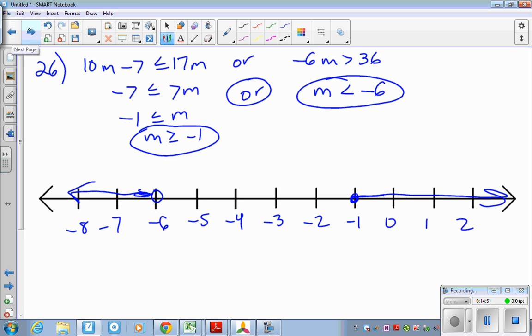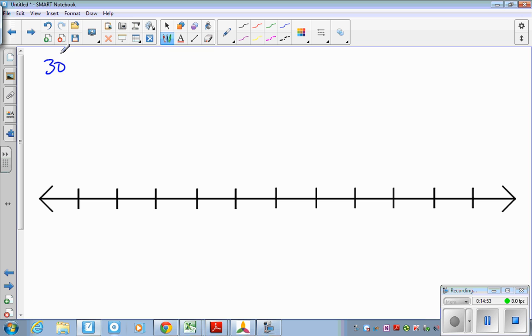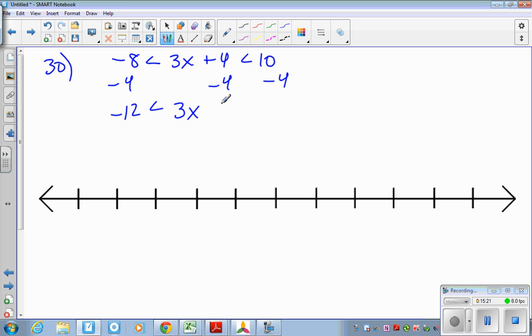Number 30 was negative 8 is less than 3x plus 4, which is less than 10. I'm going to try to solve this the other way that some of you may like and some of you may not like. But this is an and statement. You can break it apart. I'm going to subtract 4 from everywhere because that's what I need to get rid of in the middle. So I get negative 12 is less than 3x, which is less than 6.